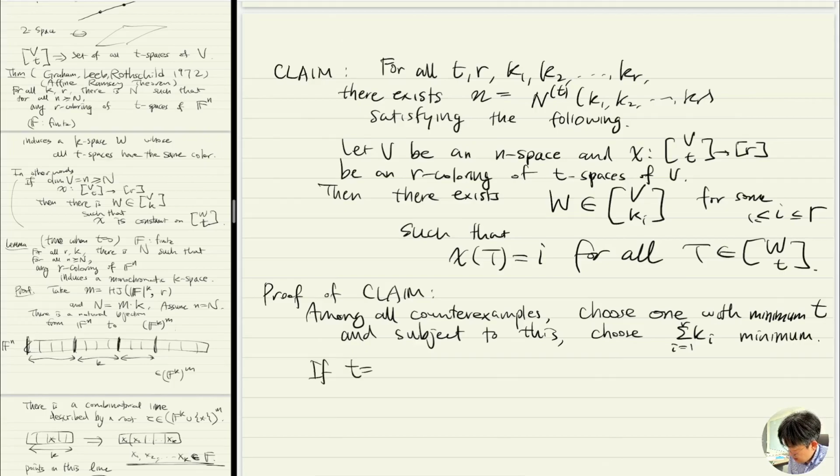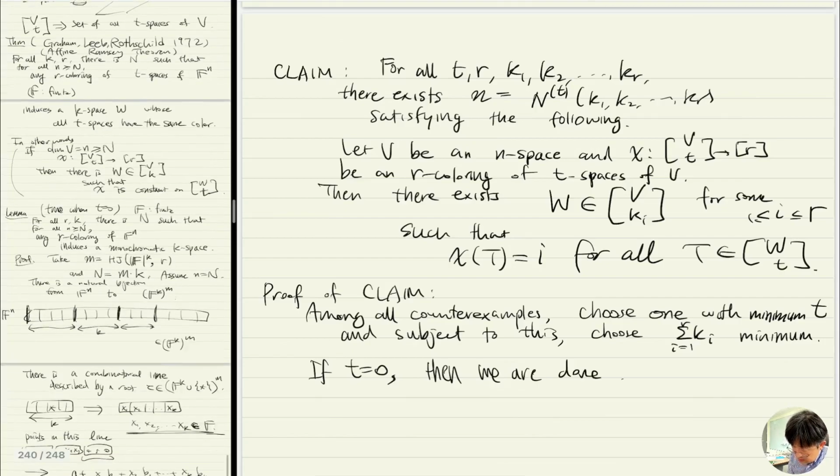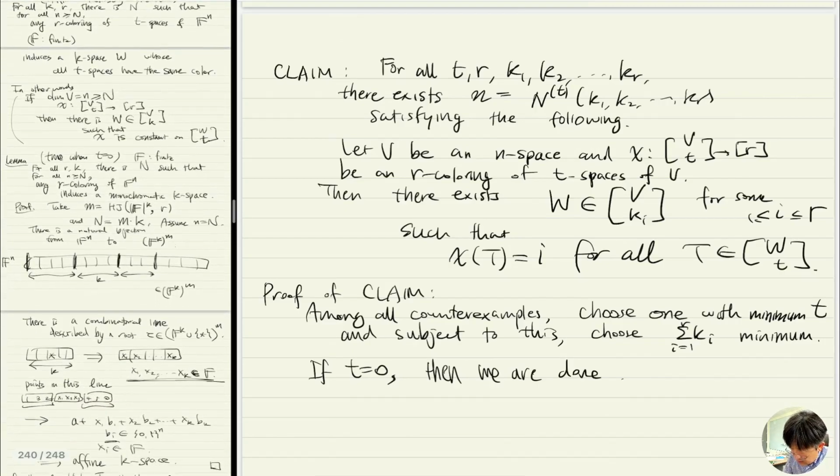If T is 0, then what does that mean? That means we are looking at the 0 space. Then it's already true, and we are done. Why? Because we already treated the case when T is 0.